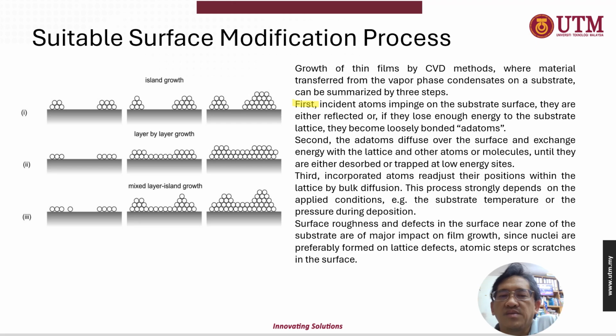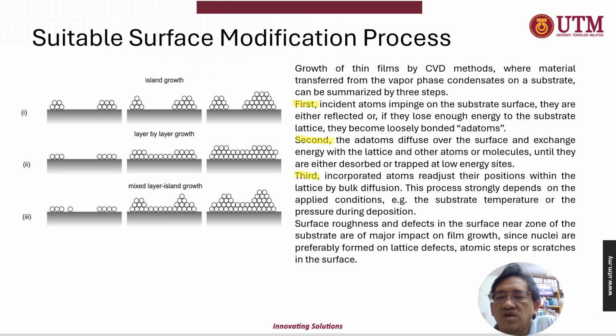Second, the atoms diffuse over the surface and exchange energy with the lattice and other atoms or molecules until they are either dissolved or trapped at low energy sites. Third, incorporated atoms readjust their position within the lattice by bulk diffusion.